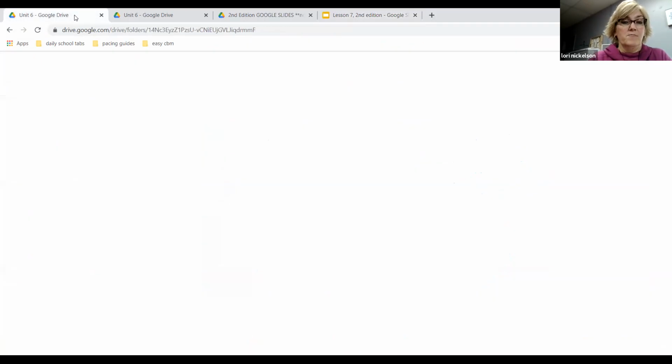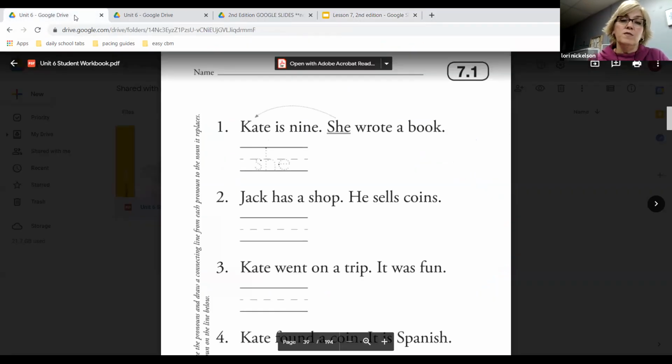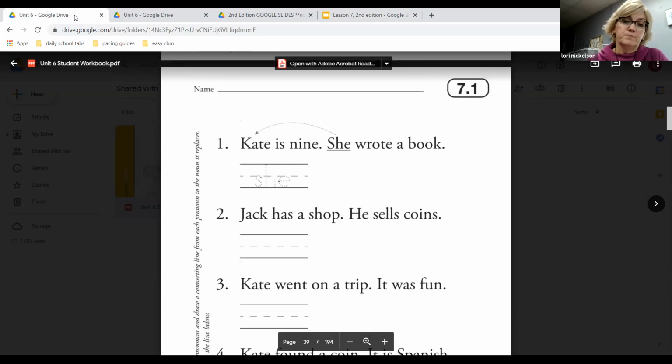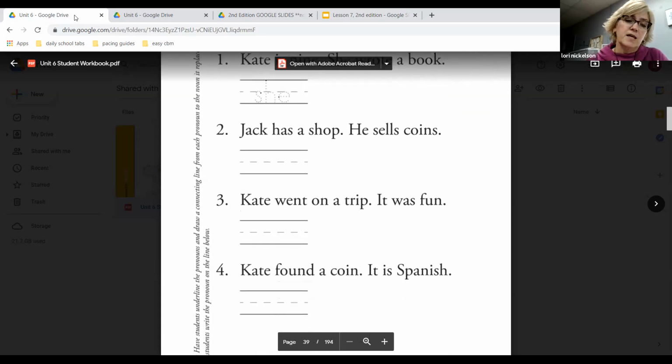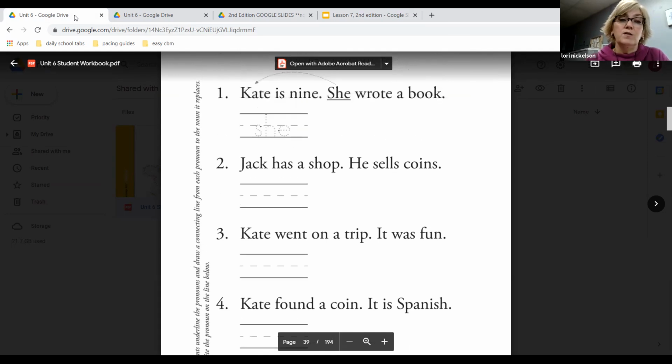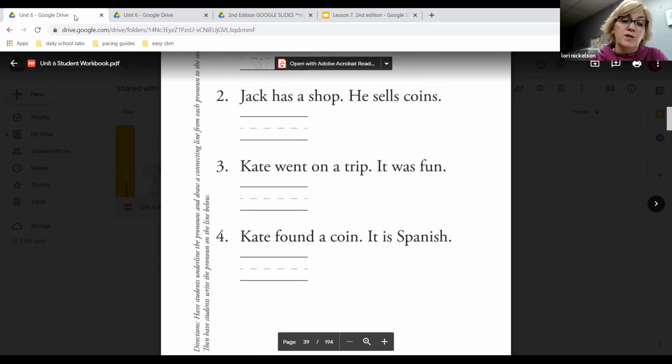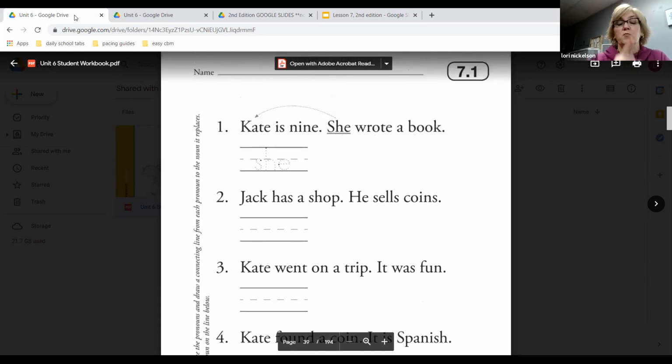All right. Okay, on this 7.1, the directions say, have students underline the pronouns and draw a connecting line from each pronoun to the noun it replaces. Then your next direction is, then have students write the pronoun on the line below it. So let's look at number 1. On number 1, if you notice, they've underlined the pronoun.